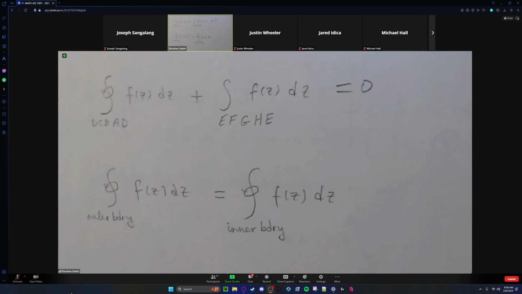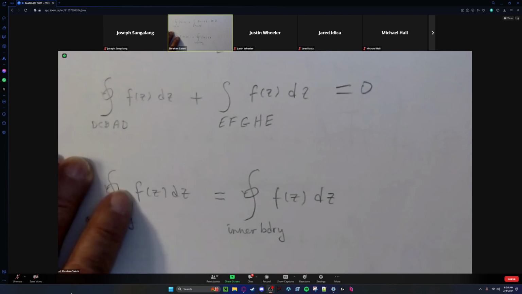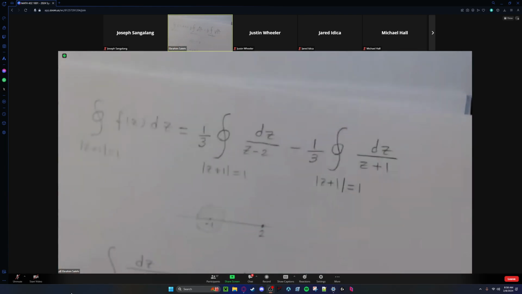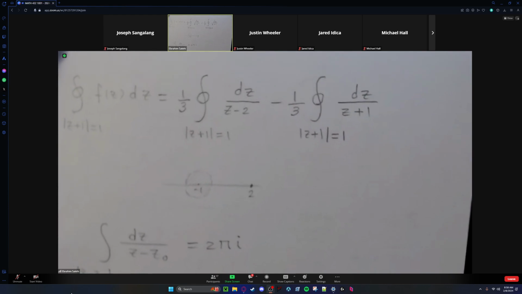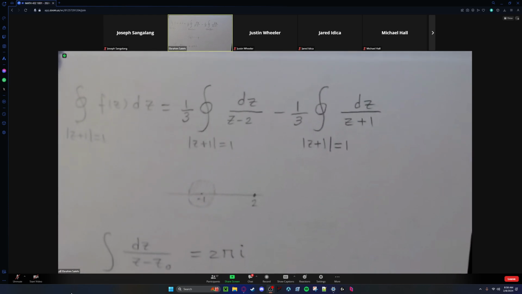So let me give you examples. Here's one example. These examples, I hope, will clarify what we are doing.